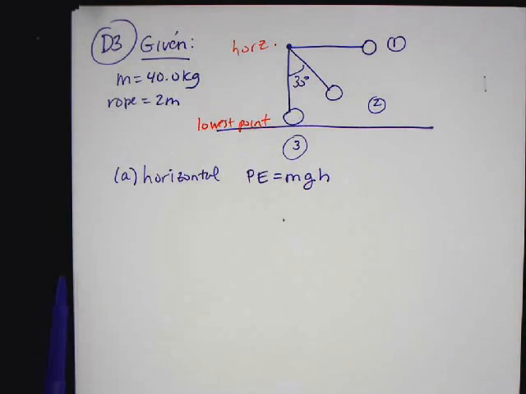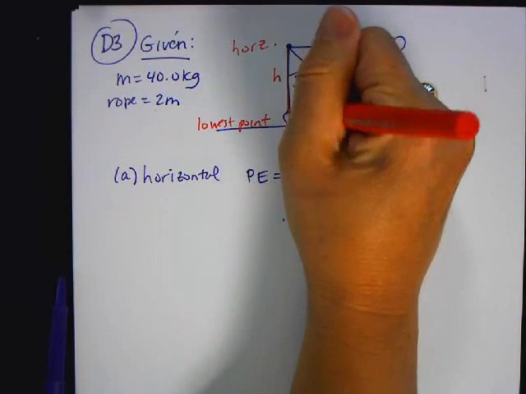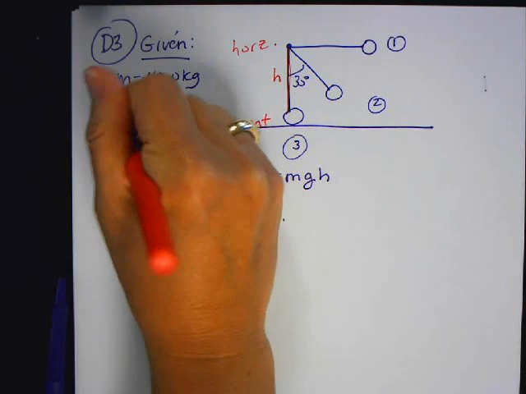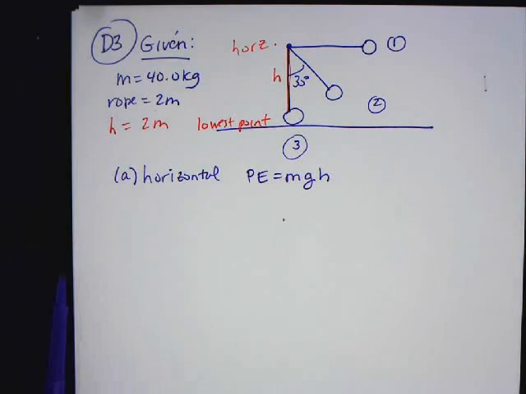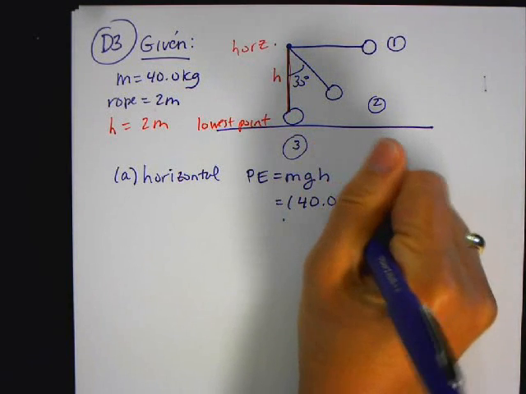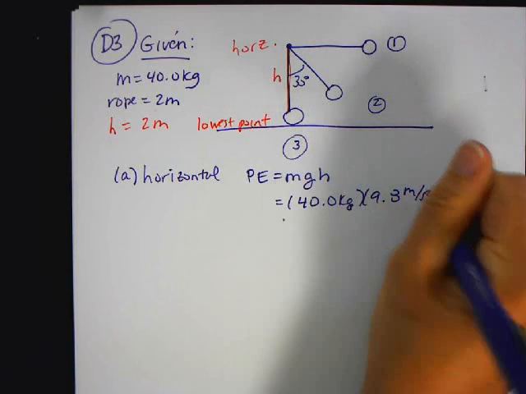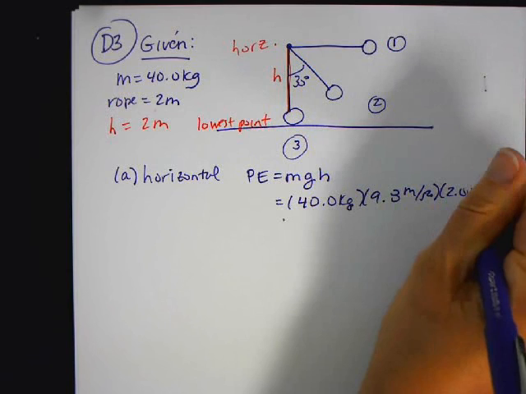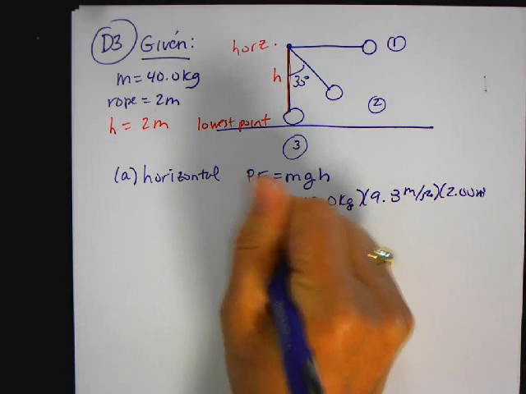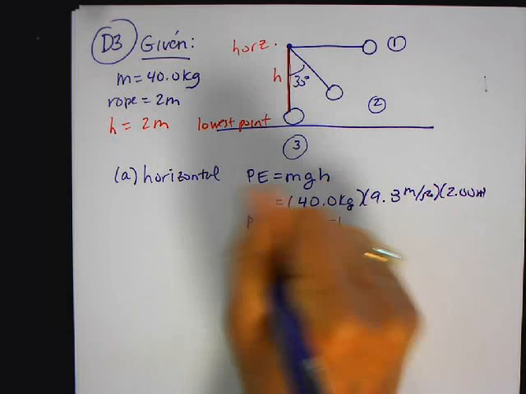So the height is the length of the string, 2 meters. So the potential energy is just 40 kilograms times 9.8 meters per second squared times 2 meters, which ends up being 784 joules.